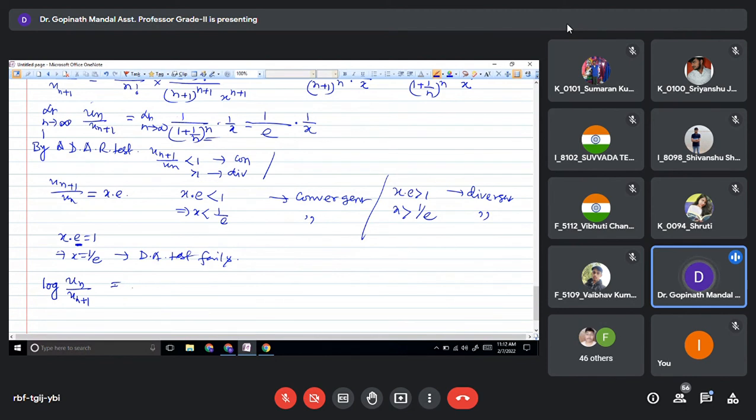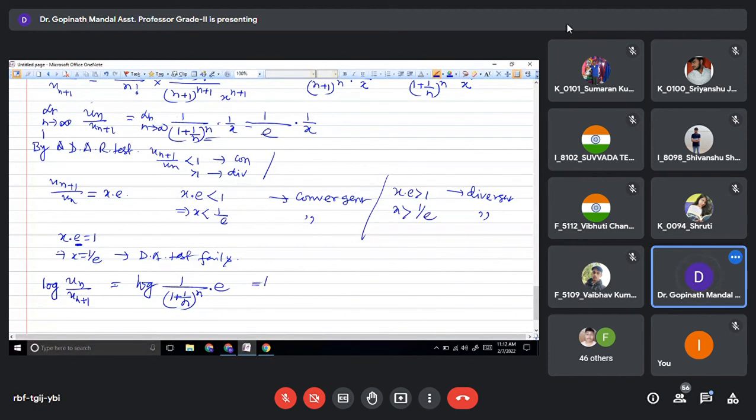Now log of un/un+1, and x equal to 1/e, so this will be e.